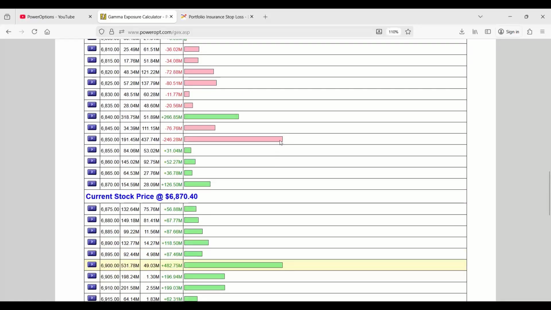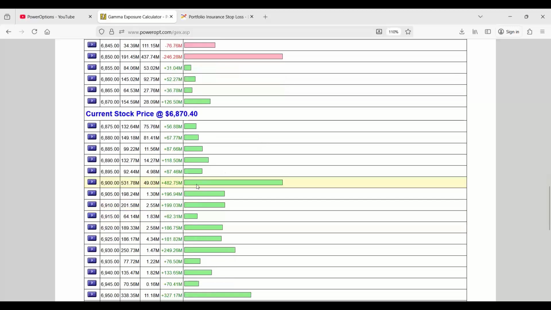Now, there are bearish bets. What is this telling me? This is telling me that based on the gamma structure, the gamma exposure at this strike of 6,850, there's some people that are betting on a bearish move that SPX will be dropping down to 6,850. I know it's only 20 points. It's nothing, right? But right there, you see a lot of bets on the bearish move.